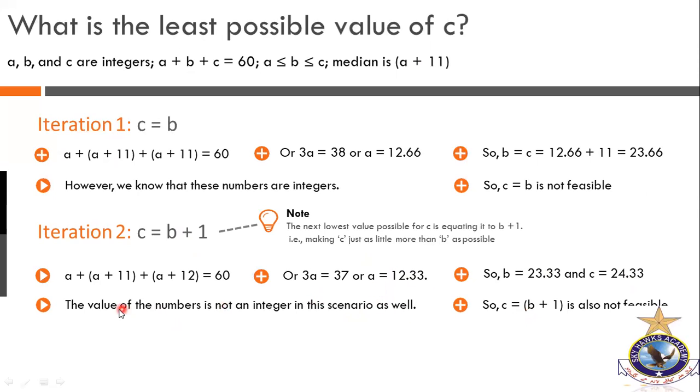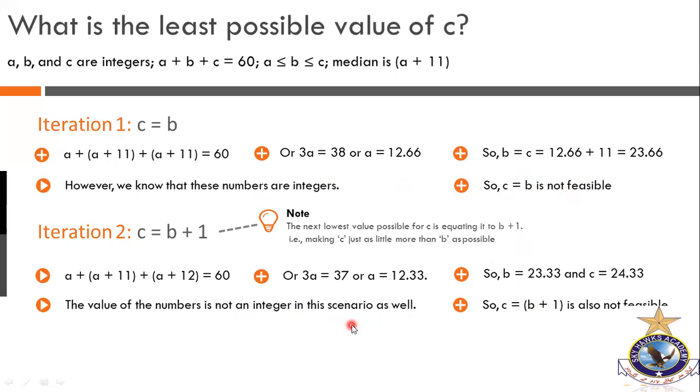There is a problem because the value of the number is not an integer. Look at this: C equal to B is not feasible, and C equal to B plus one is also not feasible. We are not at the integer.